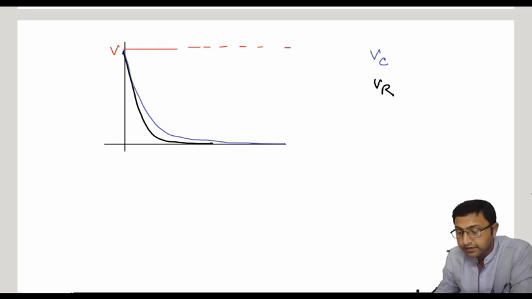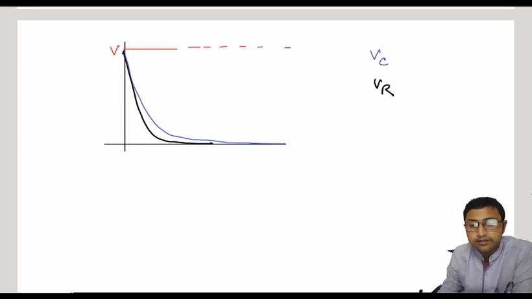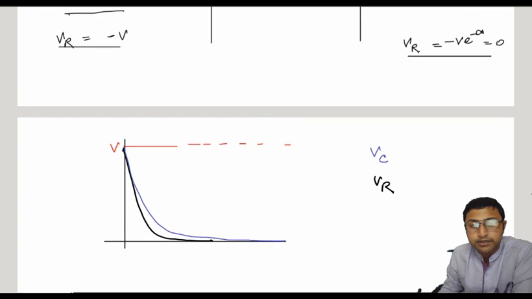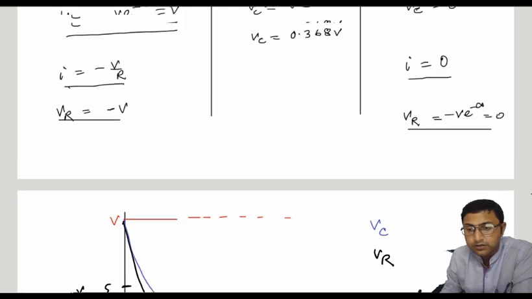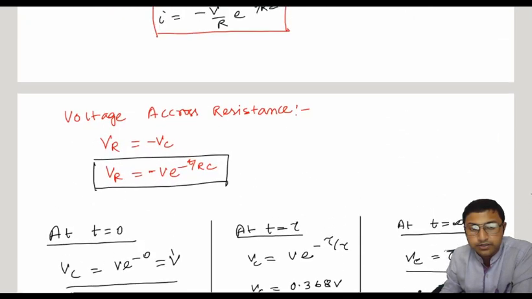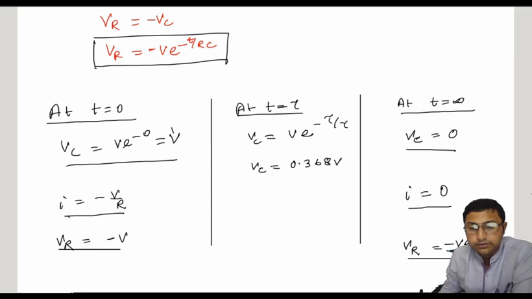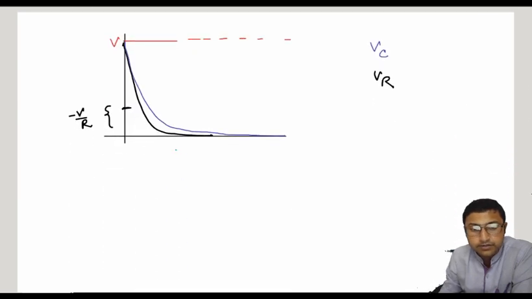The expression for current starts from minus V by R, this portion is minus V by R, and it reaches 0 here. That means at steady state it will reach the 0 value. So this is basically the current.